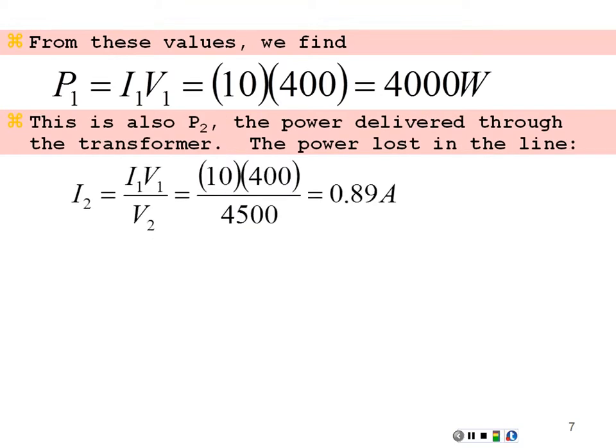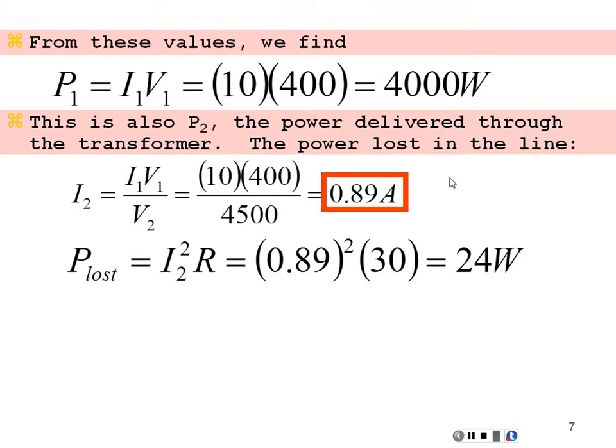So to find the power lost in the line, we take the power in the secondary, divided by the voltage of the secondary, 4,500 volts. Our current in the secondary line is 0.89 amps, and hence our power lost will be that current, 0.89 amps squared, times the resistance of the load, 30 ohms, or 24 watts.